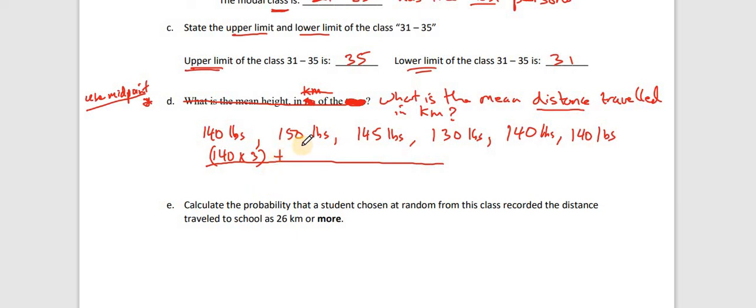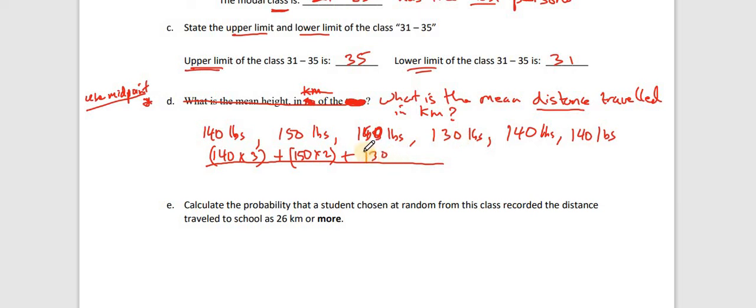Yes, sir. And 150. Let's say this was 150. Maybe what? 150 times what? Times 2, right? The same as adding 150 plus 150, which is 300. Understand that? Yes, sir. And then we have what? 130 remaining.